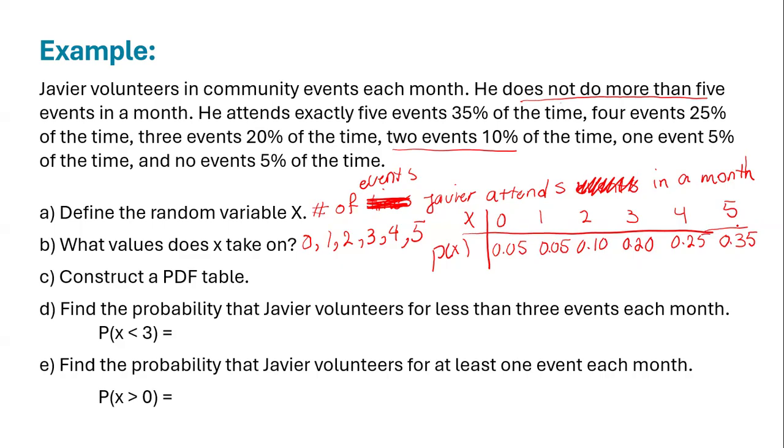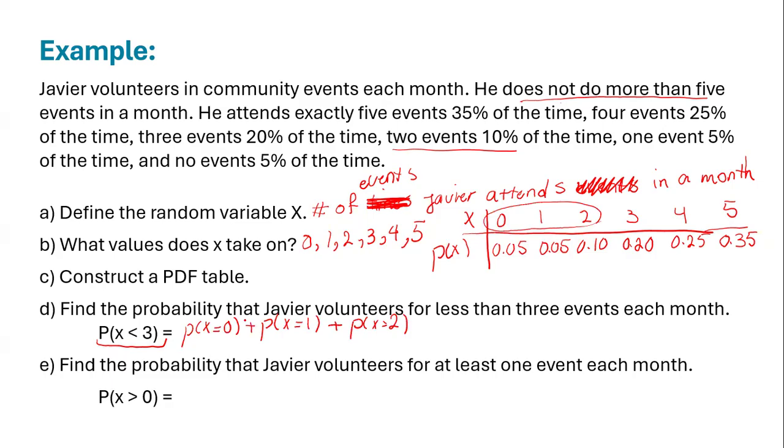The next part asks: find the probability that Javier volunteers for less than 3 events each month. Less than 3 events means the probability of x is less than 3. So let's look at the table. What numbers are less than 3 in the table for x? As you see, these values are less than 3. So you need the probability when x is equal to 0, when x is equal to 1, and when x is equal to 2, and then add them together.